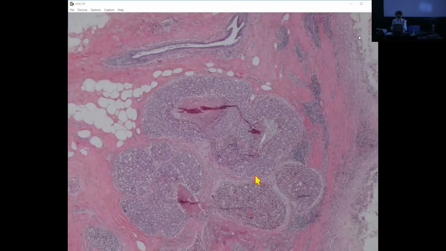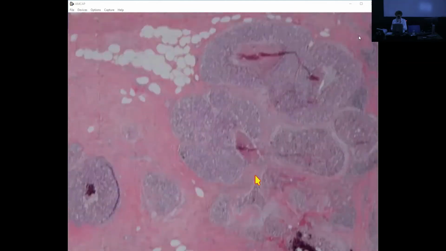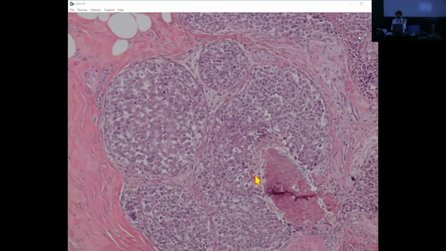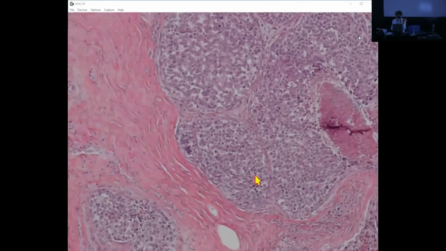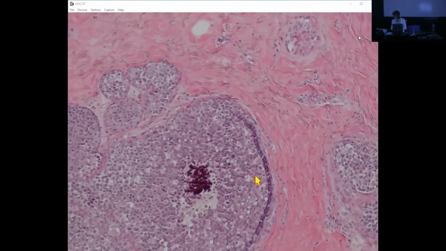Many times here there is also this feature of massive expansion of the acini with very little intervening stroma between the expanded acini. You can find it also in florid LCIS, but here is the case of florid without invasion, at least.